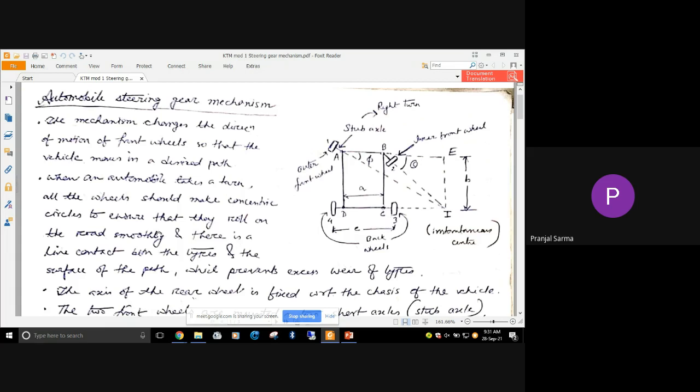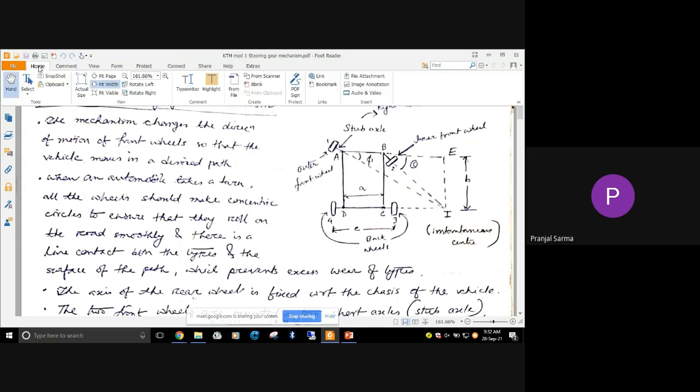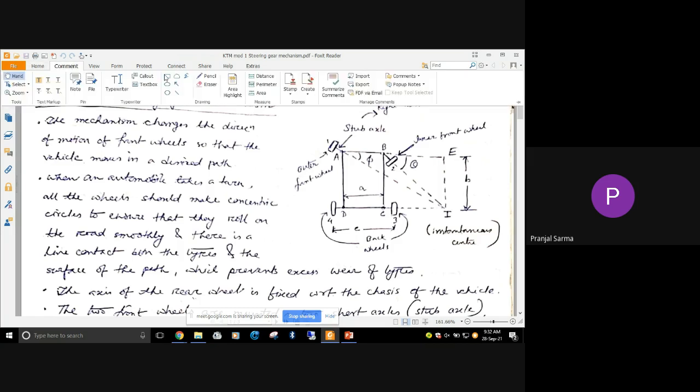If they are making concentric circles, it will ensure that they roll smoothly, and there will be a kind of line contact between the tire and the surface of the road. If that happens, there will not be any heavy wear and tear on the wheel.